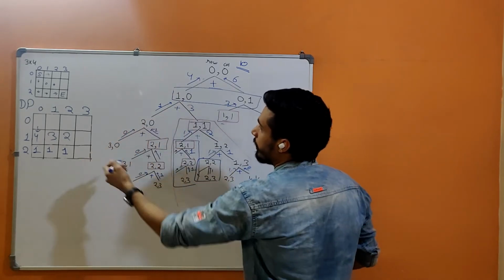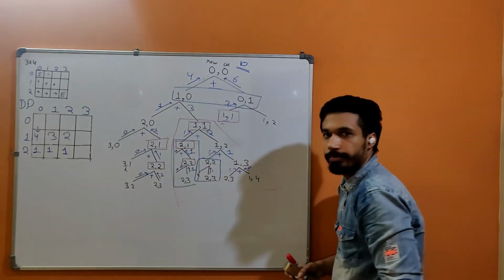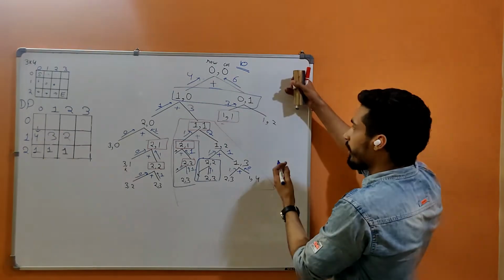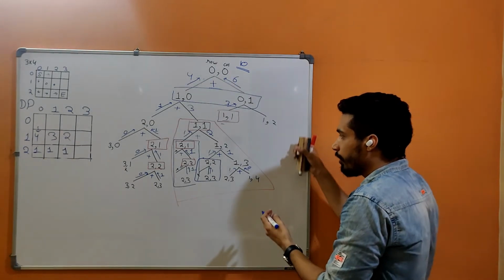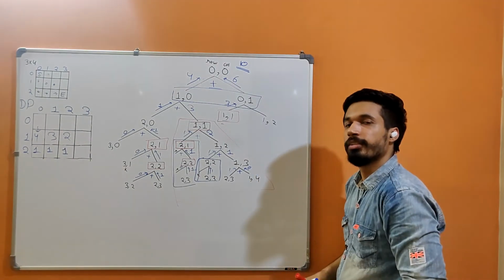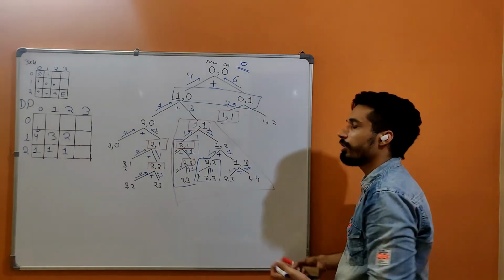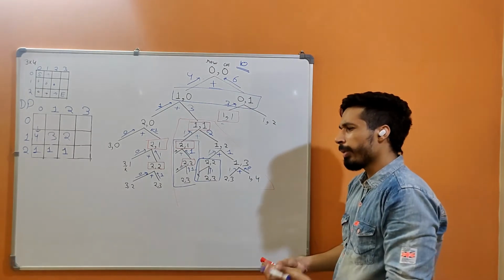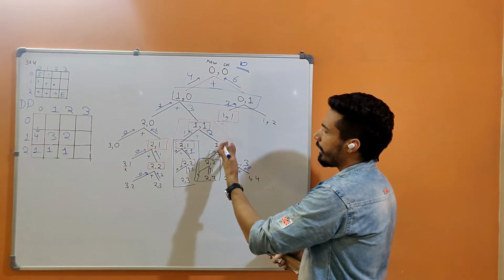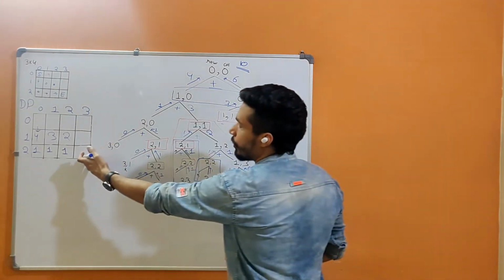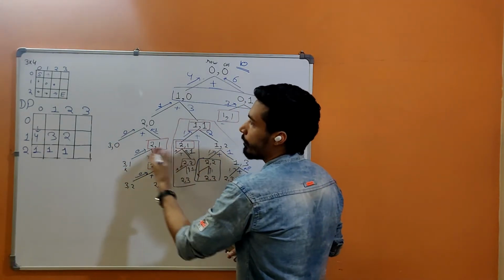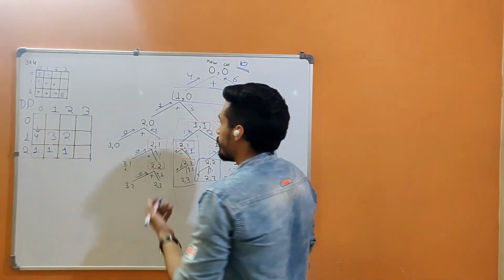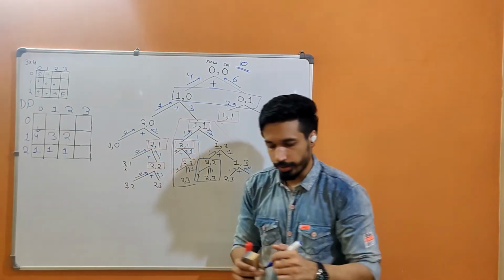We decide what we need to do, so we are going from top to down to solve the problem here. That's why we call it the top-down approach. And why memoization? Because at every step we memorize the output somewhere, right? So that's why we also call it the memoization approach.